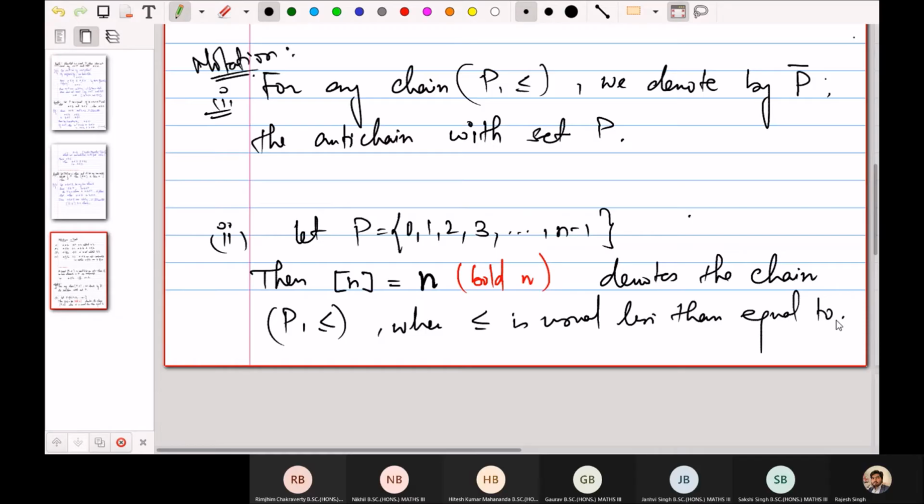So 0 is strictly related to 1, 1 is related to 2, 2 is related to 3, 3 is related to 4 and so on. This chain, with the usual relation, we denote by bold n or bracket n. Is it clear?